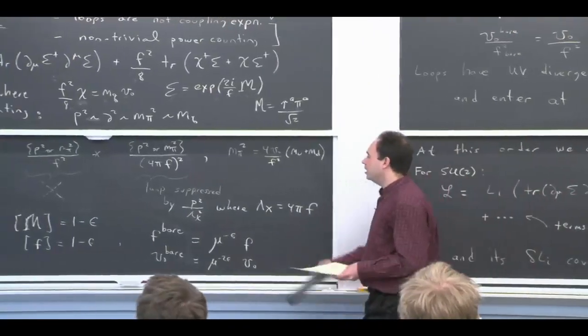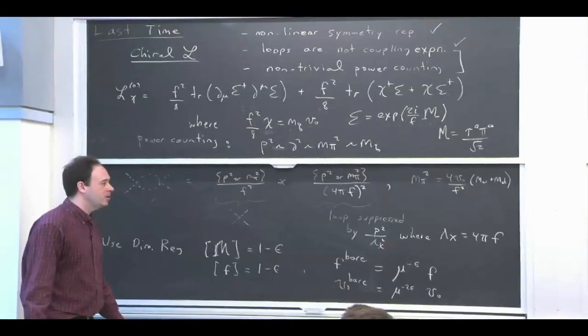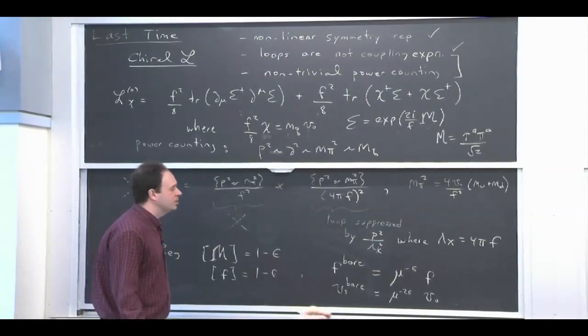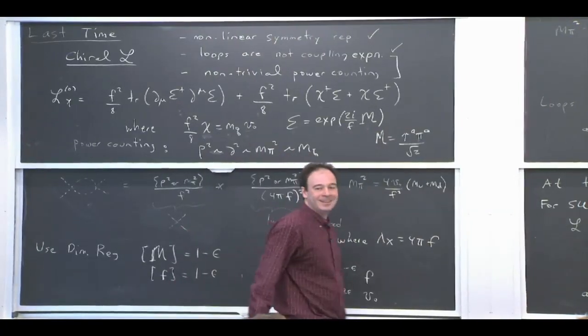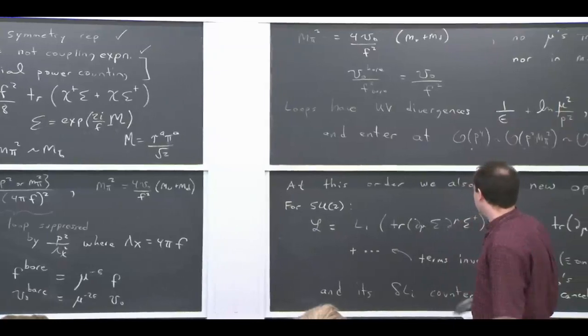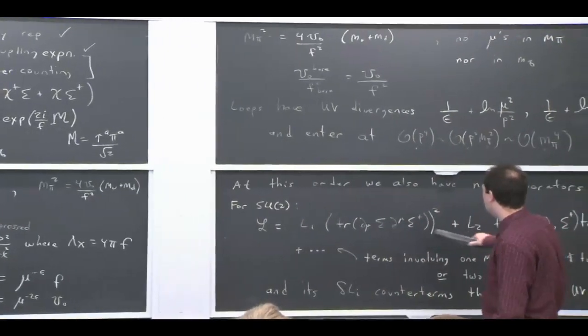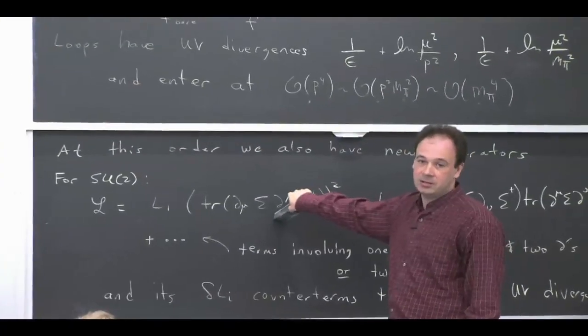So if you write down any diagram and you think it might give something here, even if it's a 2-point function, it just doesn't. And you are including p to the 4 terms, right? That's right. So these terms. So if you want, you could think that some terms here are kind of corrections to the kinetic term.